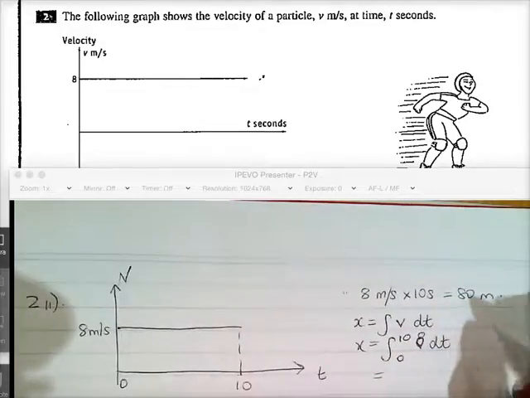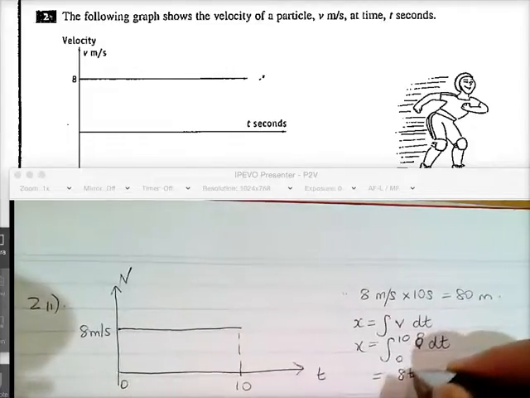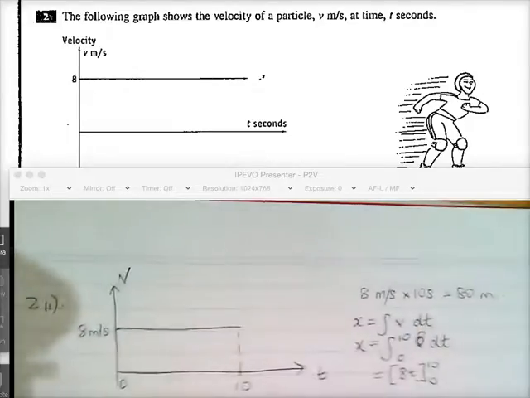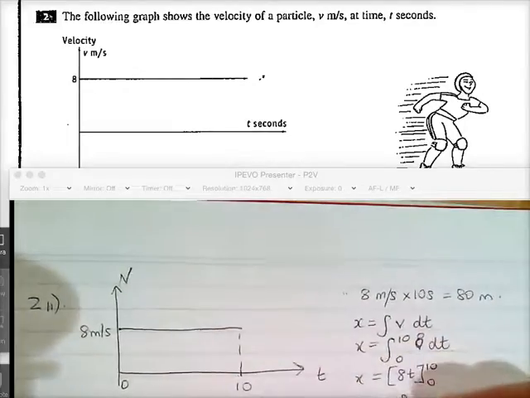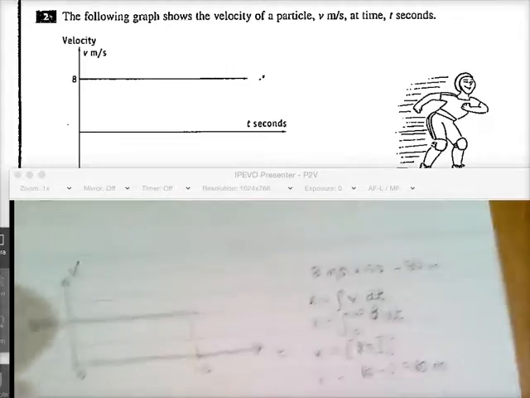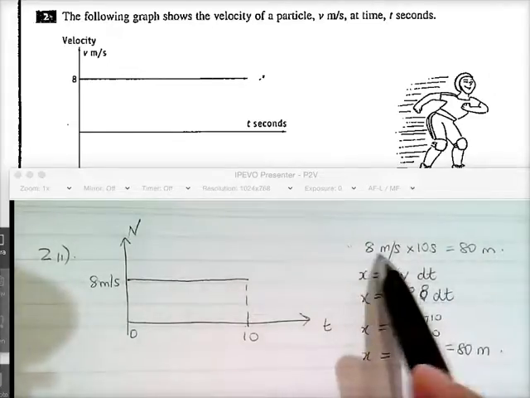So integral of 8 from 10 to 0. Integrating 8 is 8t, substituting in 10 and 0, and we get that the distance travelled is 80 minus 0, which is 80 meters.